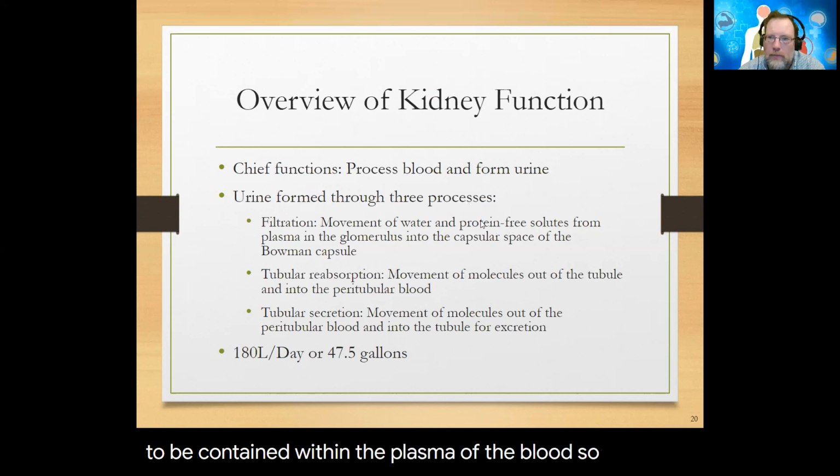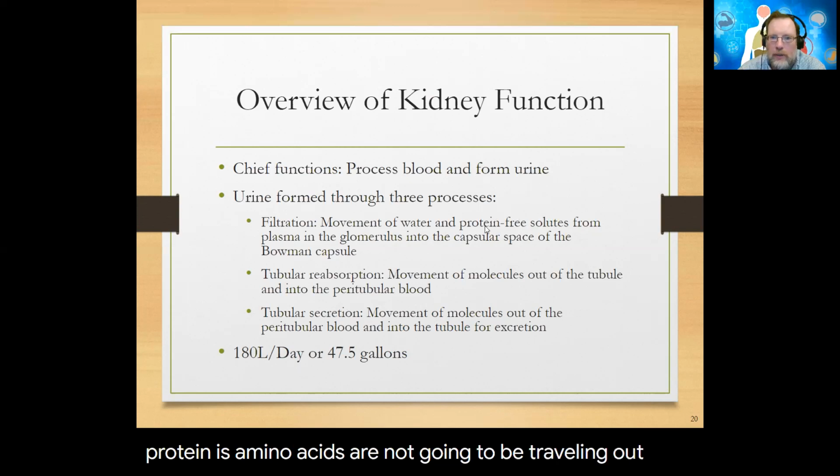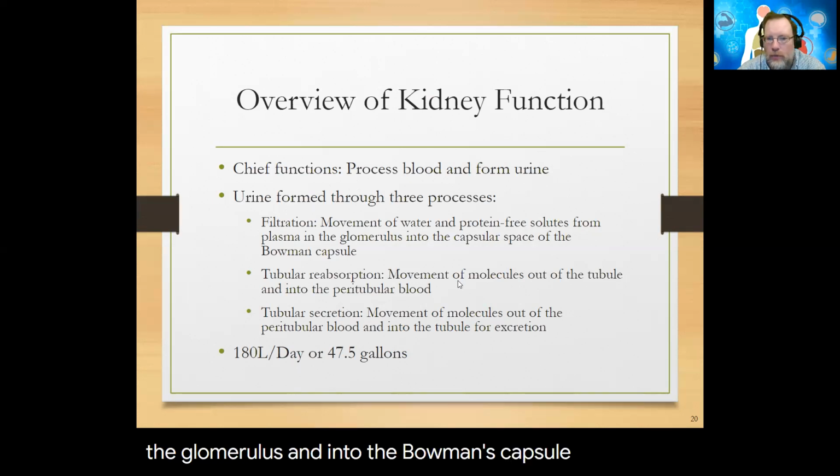So primarily think of ions and gases. Protein-free solutes. So amino acids are not going to be traveling out of the glomerulus and into the Bowman's capsule.